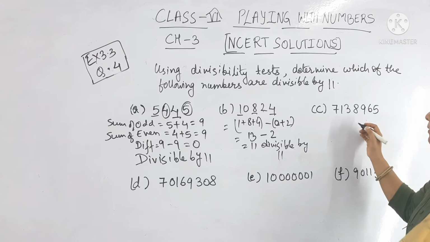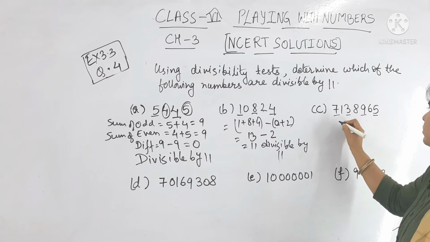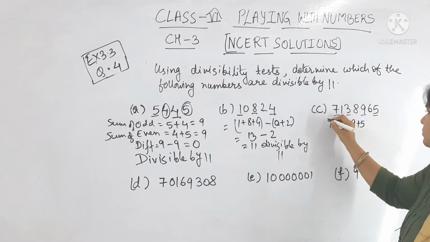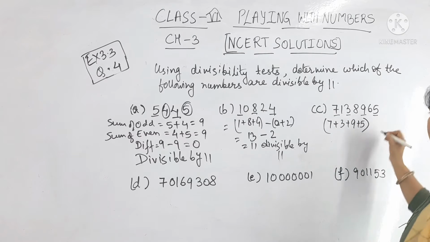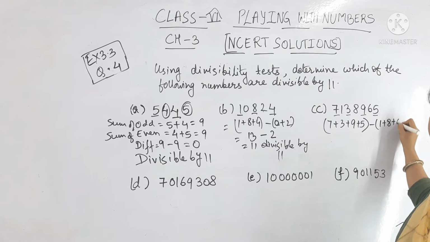Come to the third part. The odd places are 7 plus 3, you have to sum them, minus the even places, that is 1 plus 8 plus 6.